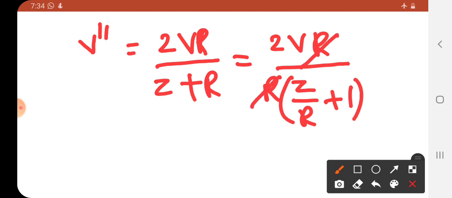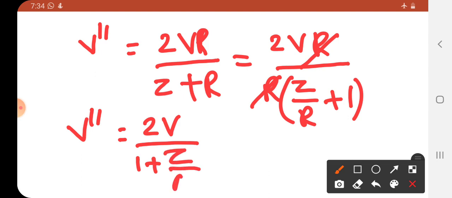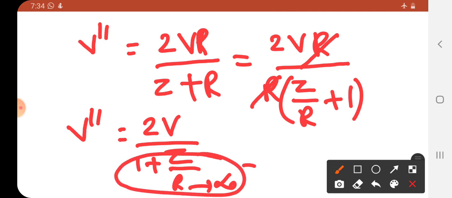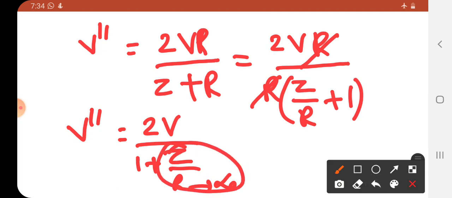R gets cancelled. Then V double dash is equal to 2V by 1 plus Z by R. If R tends to infinity, then this entire term Z by R is 0. If it is 0, 2V by 1 is 2V only. V double dash is equal to 2V.